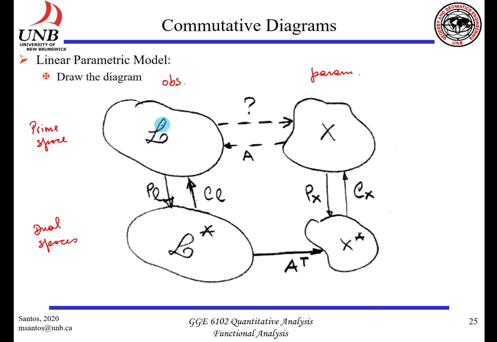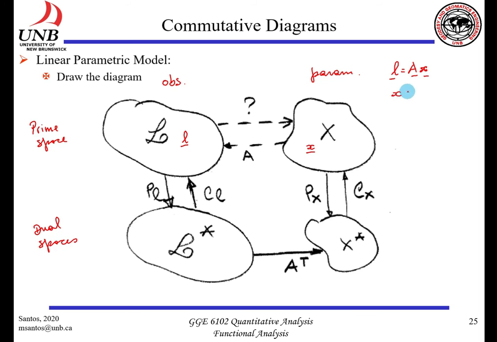This is the prime of the observation space, this is the dual of the observation space, the prime of the parameter space, and the dual of the parameter space. We have a vector L of observations and a vector X of parameters. This diagram tells us that L equals AX. If we want to arrive at L, we start from X and move to L. This is A, the design matrix.